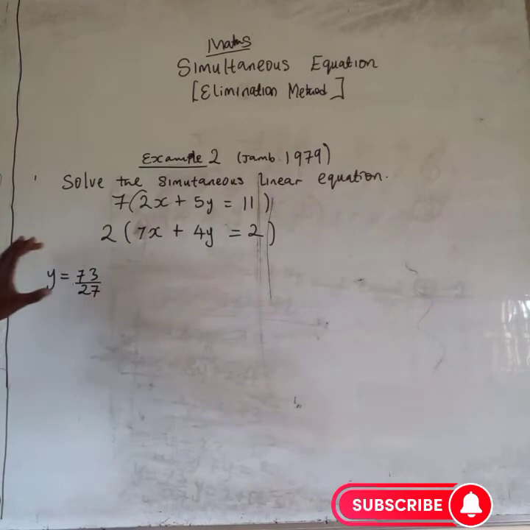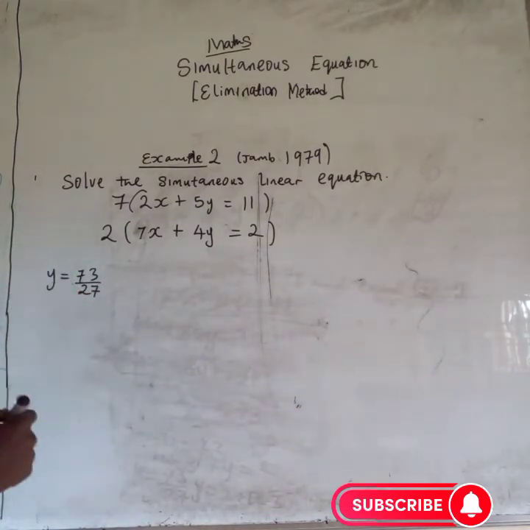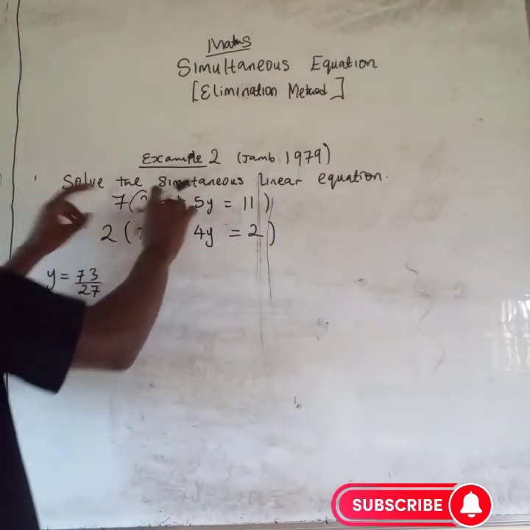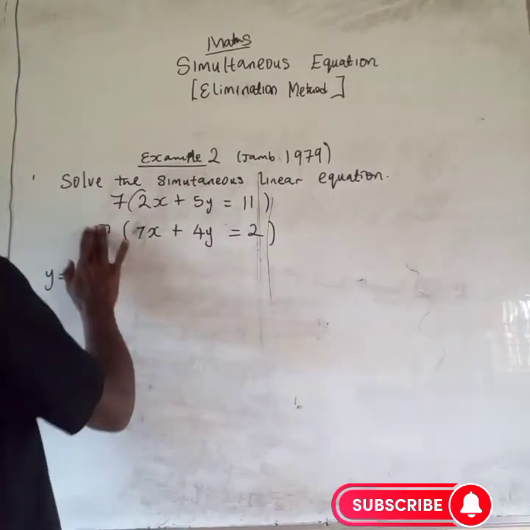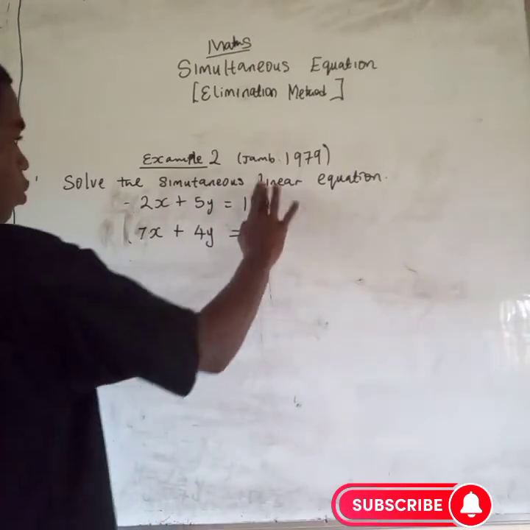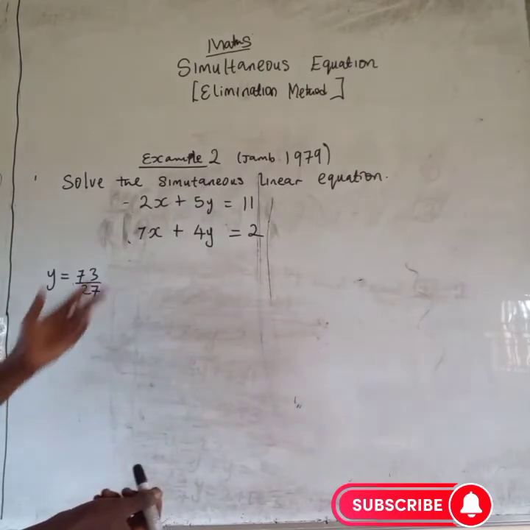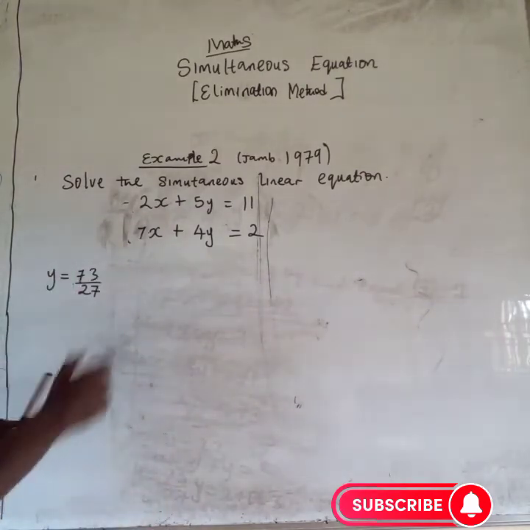Now since we have gotten y as 73 over 27, we just need to substitute the value of y in any of these equations, equation 1 and equation 2, to get the value of x. So let us substitute it in equation 1.